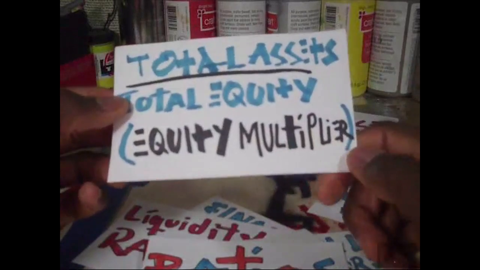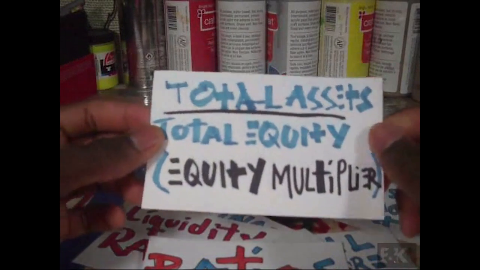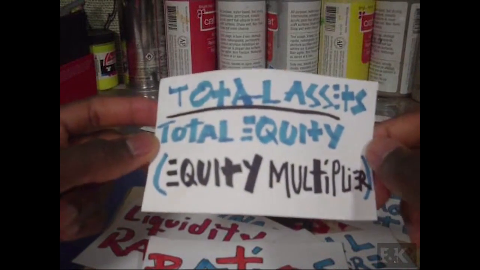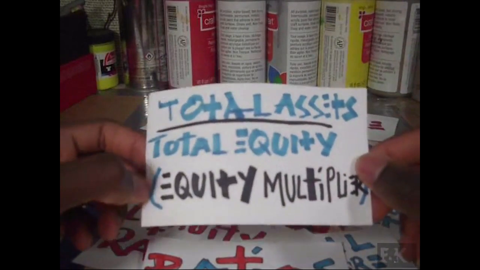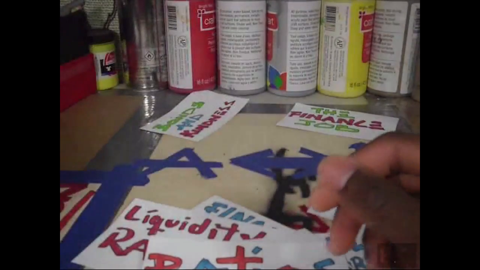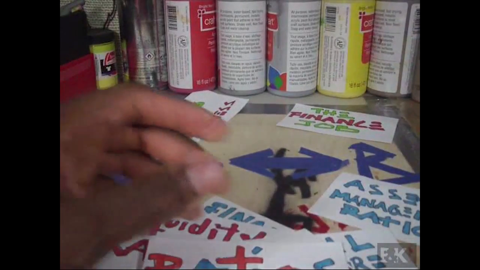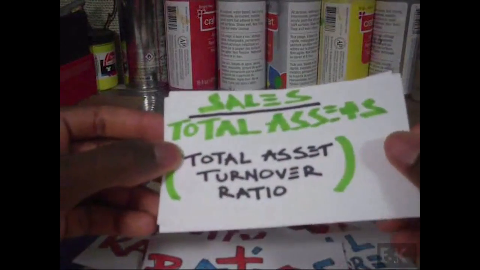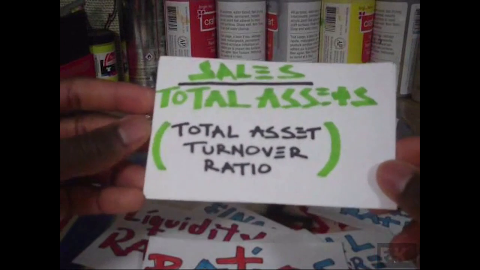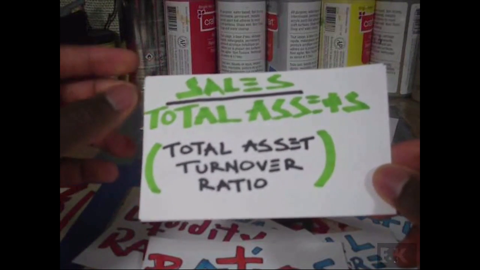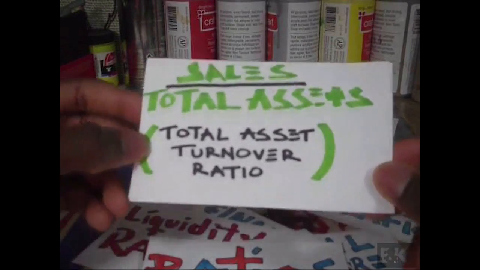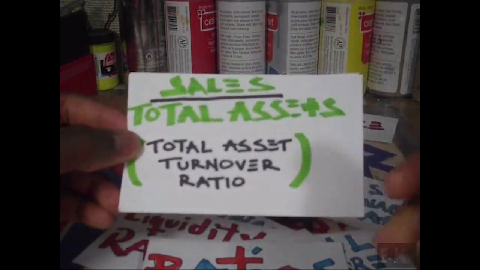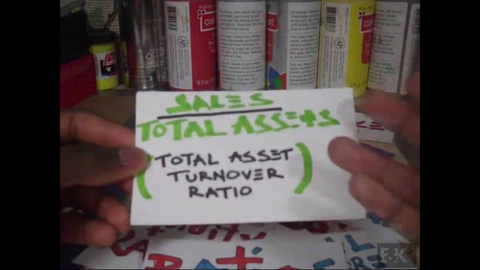Equity multiplier, probably one of my favorite titles for a ratio. We'll talk about why it's very easy for you to naturally understand what's going on here. And I literally just picked this card up. I can pick up any other card that has a ratio on it. All right, let's just pick up another one. And I'm not going to pick up any more because I don't want to embarrass myself. Sales over total assets, that's your total assets turnover ratio. We are going to talk about the most natural way for you to understand what's going on here.